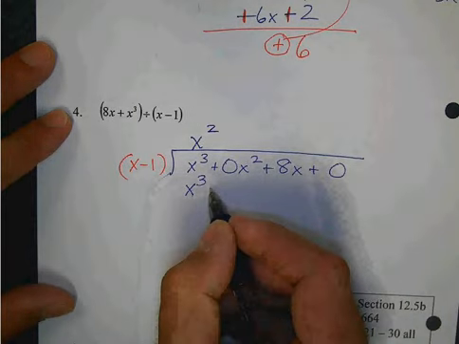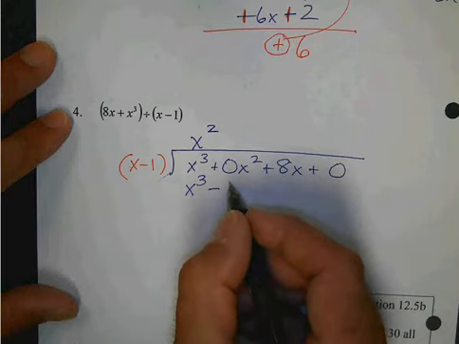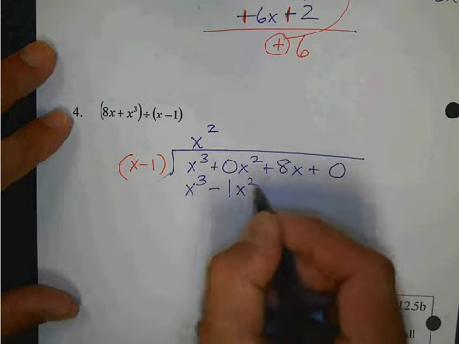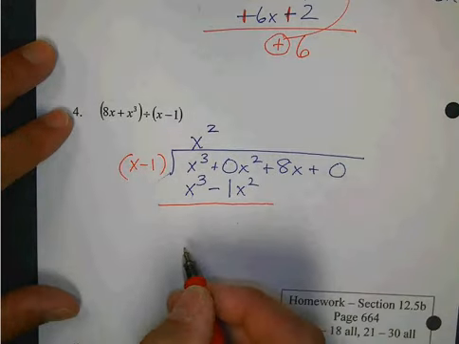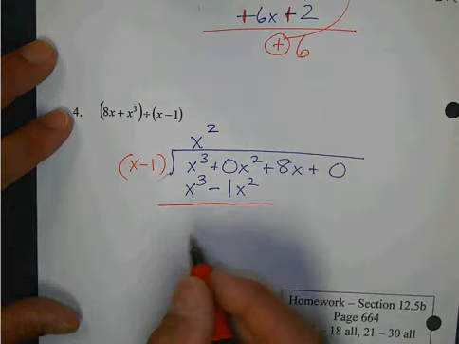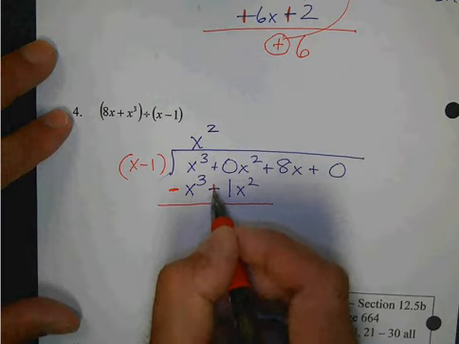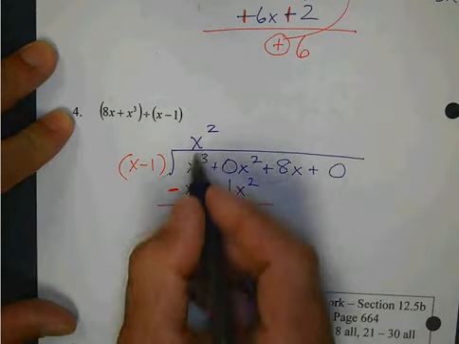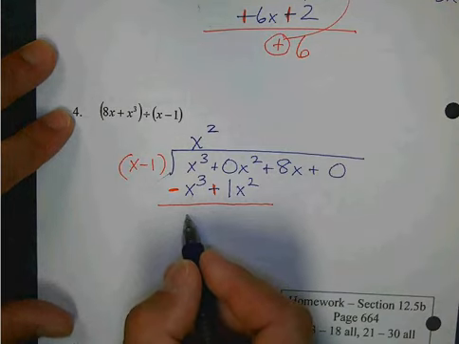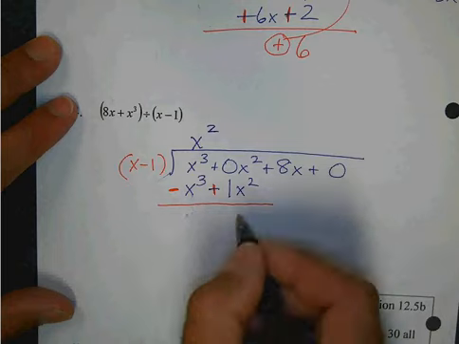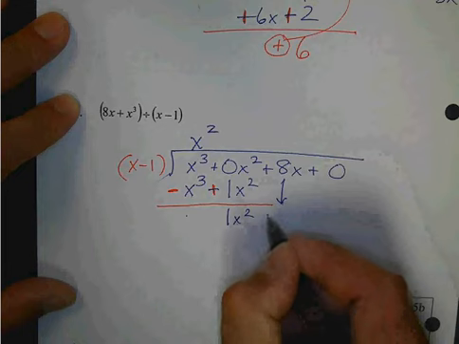Good. Minus 1x squared. Good. All right, Josh, going over to you. Just the fact that the x cubed automatically would be to the third. Kyle, over to you. Correct. So it would be 1x squared. Okay. Over to you, Drew. Bring down the 8x. Over to you, Luke.